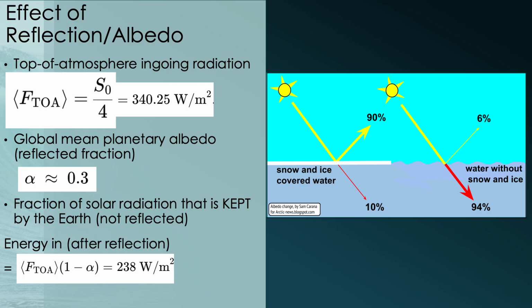And so the average over the whole planet turns out to be about 0.3. And of course, that changes in ice age cycles, for example. When you account for reflection, we're left with about 240 watts per meter squared that actually enters the Earth system without being reflected.